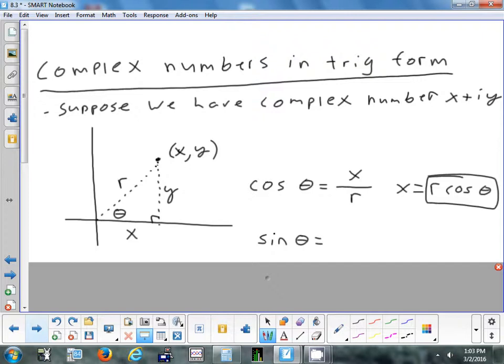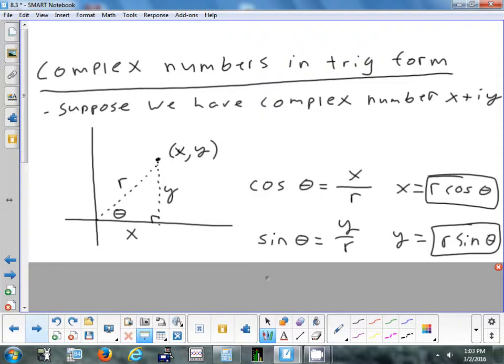What would the sine of theta be? Yep, y over r. And if I got y by itself? r sine theta. That's just using right triangle trig. We don't need law of sines or cosines because it's a right angle. Any questions on those two boxes?